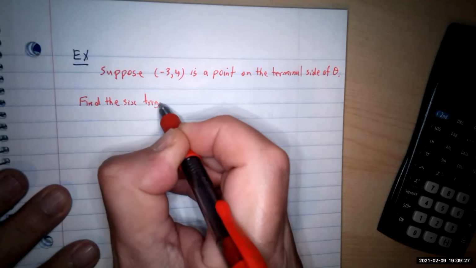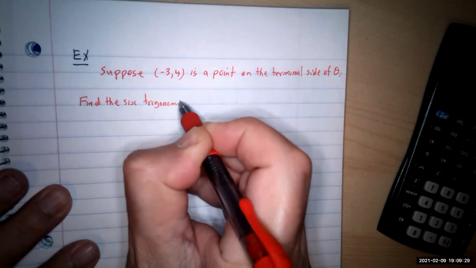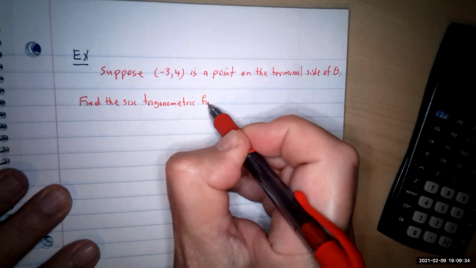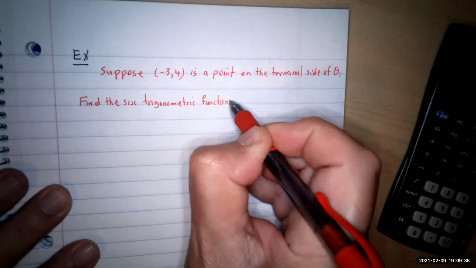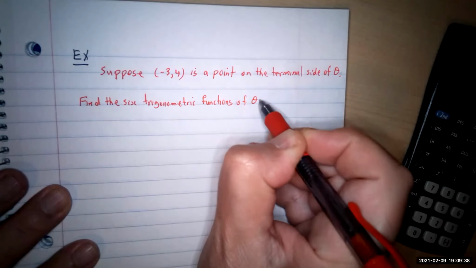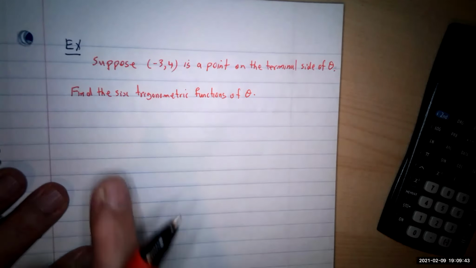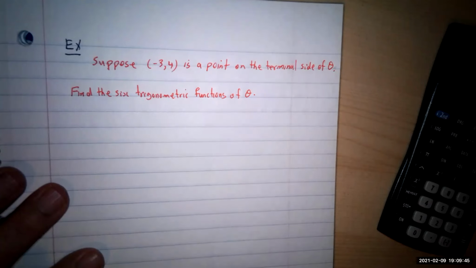Find the six trigonometric functions of theta. You see the point is in the second quadrant.